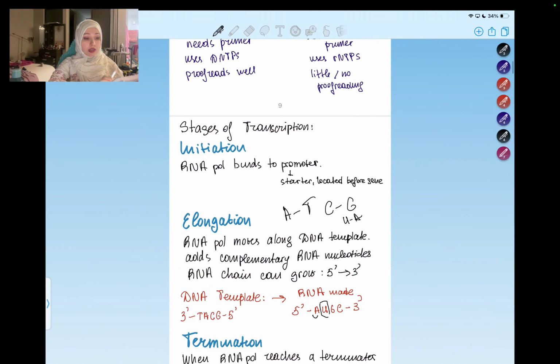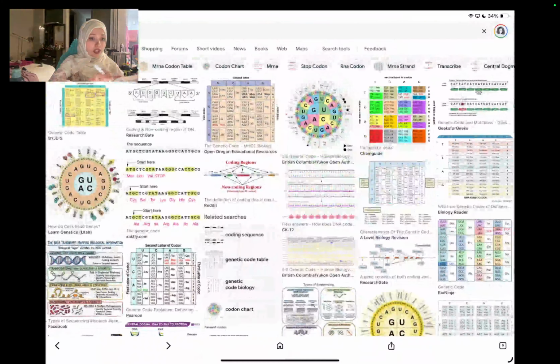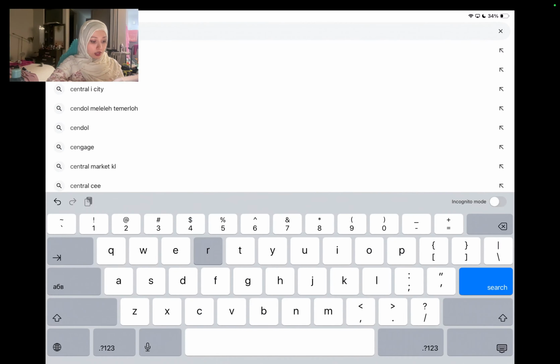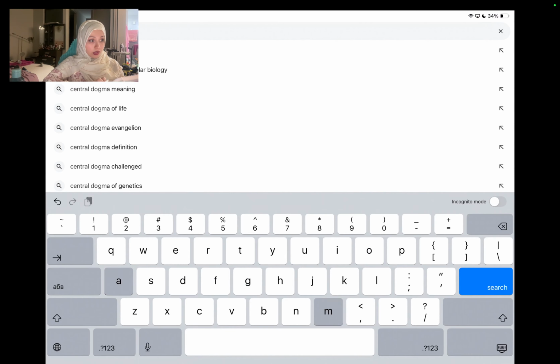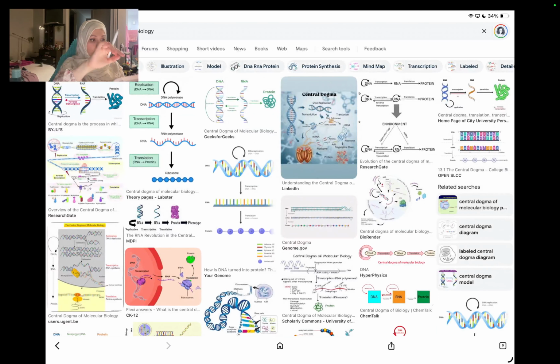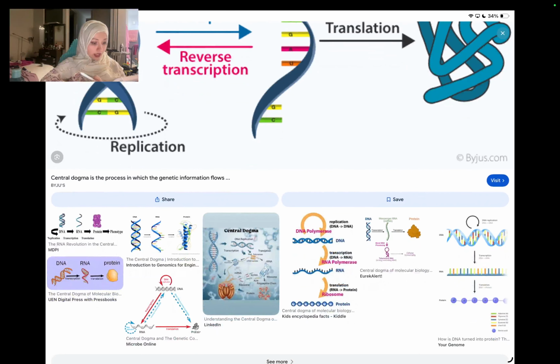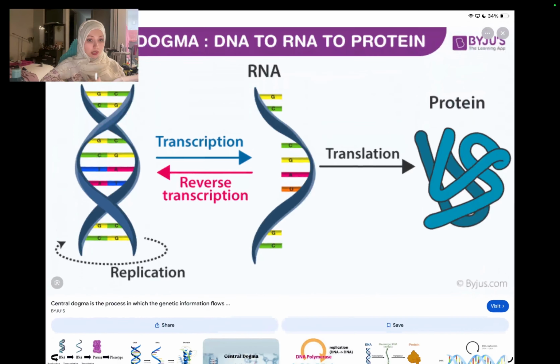So this is all about the central dogma. I want to show you an illustration as well. The central dogma of molecular biology. Okay, so first we have transcription from DNA to RNA, and we translate it into the protein.